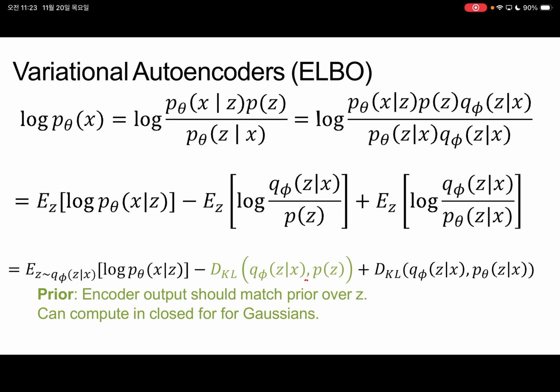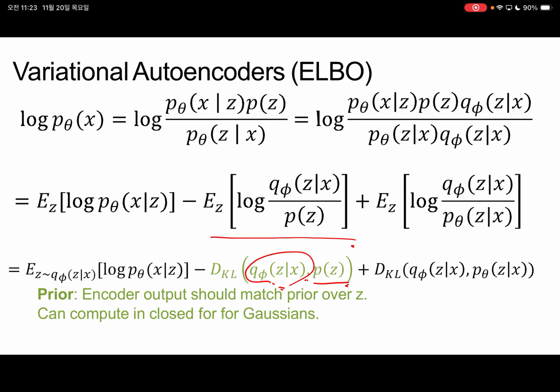Mathematically, it turns out that from Bayesian rule, when we do some simple math, we found that we can calculate the KL divergence between the encoder's output and the normal Gaussian distribution. So we can simply make the output of the encoder match the normal Gaussian distribution.